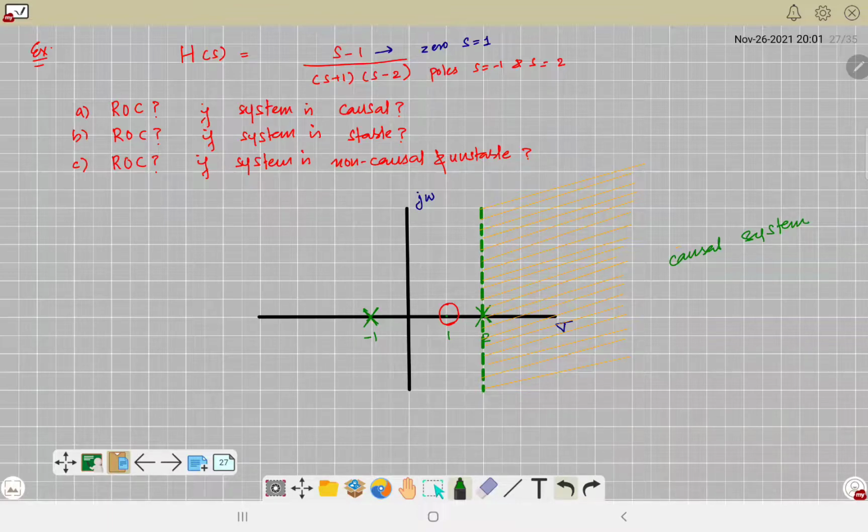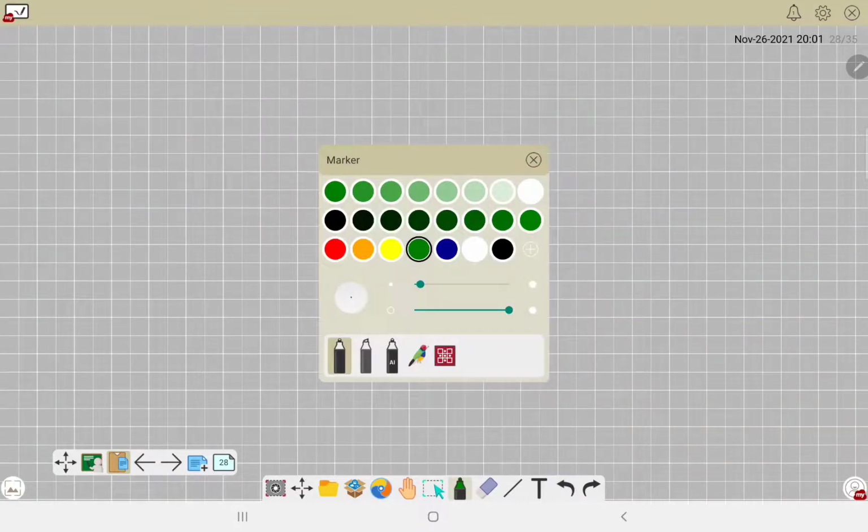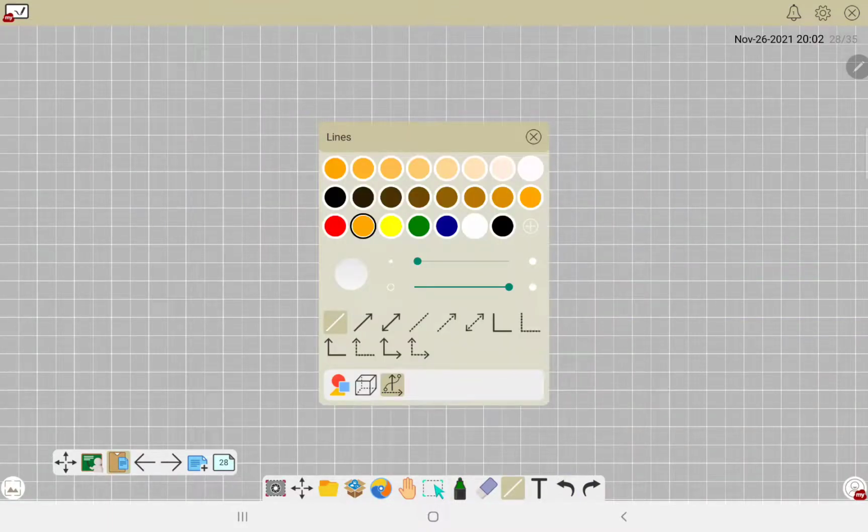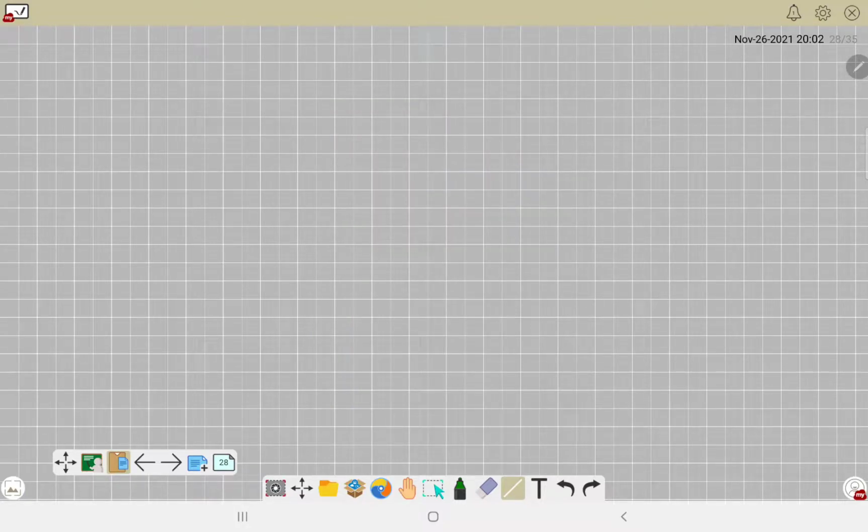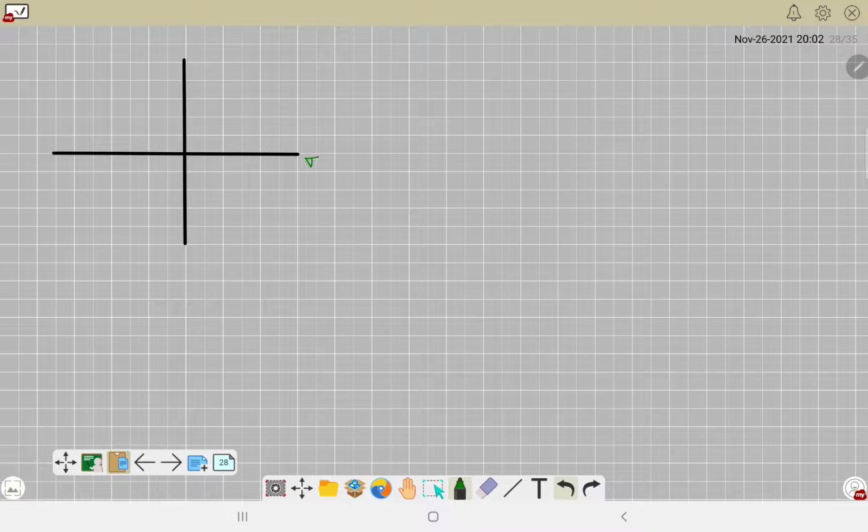Okay. Then the second case, if now I want this system to be stable, again I will just quickly plot it. This is sigma, this is j omega.